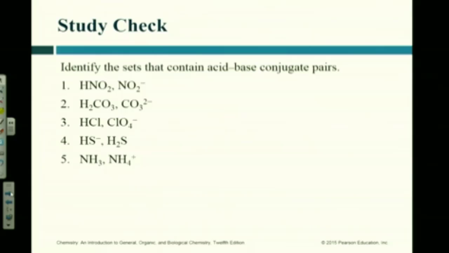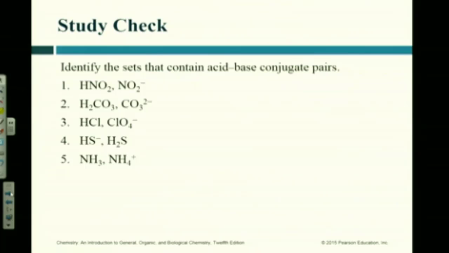Yes. Why? All right, HS minus is acting as what here? Is HS minus an acid or a base? HS minus and H2S. HS minus is acting as a base, it's accepting a proton and becoming H2S, isn't it?